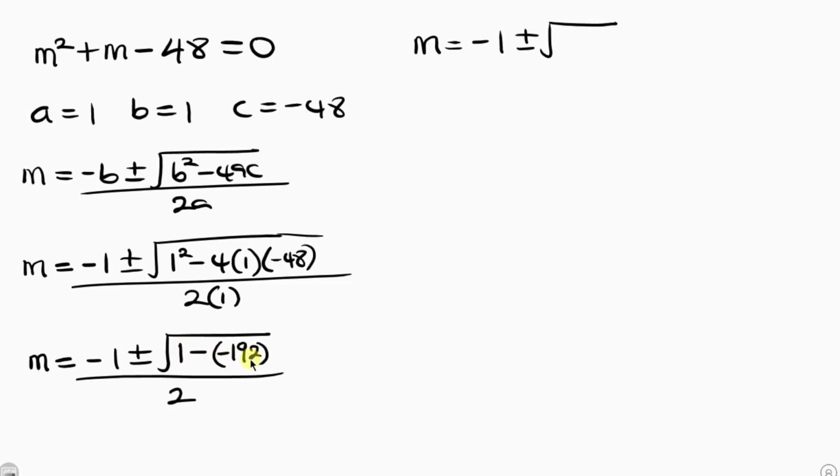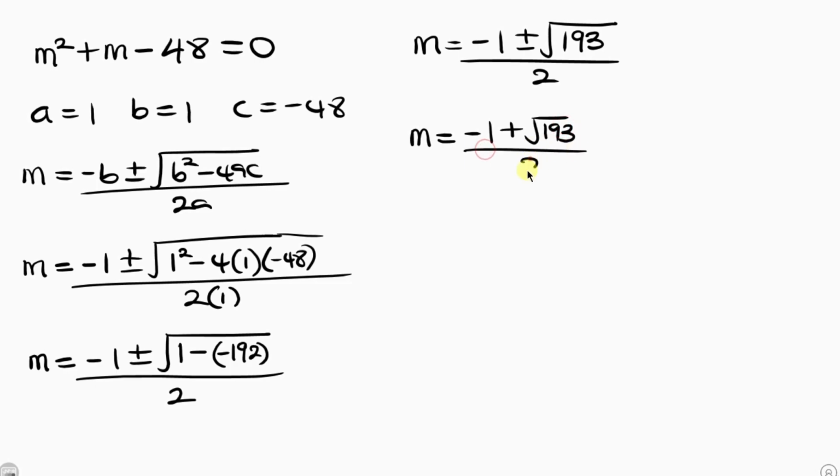So 1 plus 192, I have 193 all over 2. So I have two values here. I have m to be equal to negative 1. Let's go ahead with the positive first. Plus the square root of 193 all over 2. Or m is equal to negative 1. Going ahead with the negative, the square root of 193 all over 2.